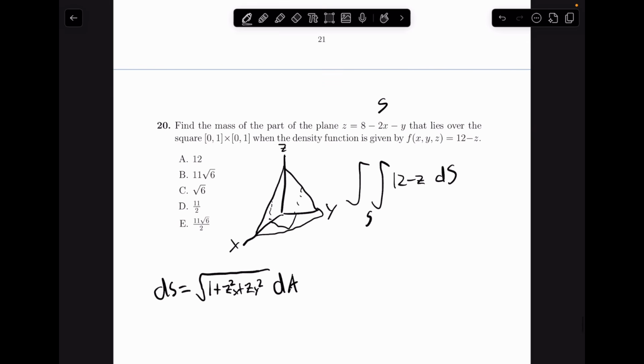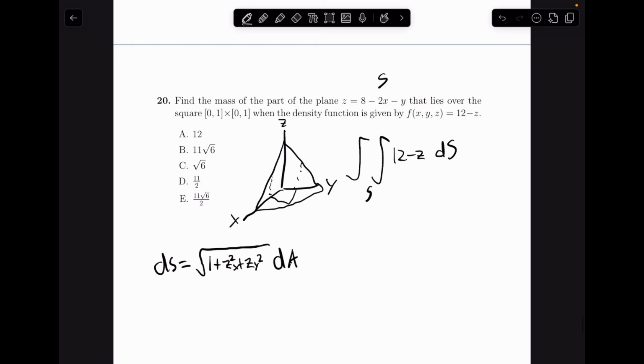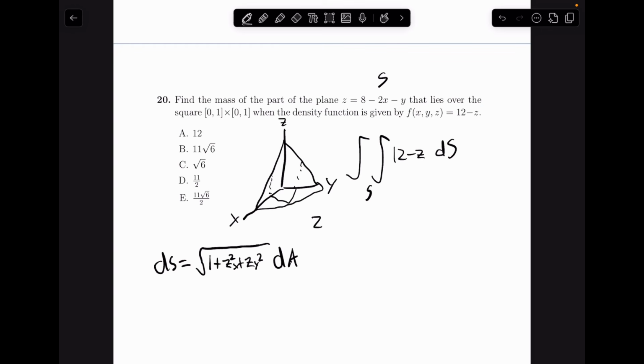So we can find dS. We know zx is going to be equal to -2, zy is going to be -1, okay? And that means our dS is going to be equal to the square root of 1 plus zx squared, which is 4, plus zy squared, which is 1. That is just square root 6.